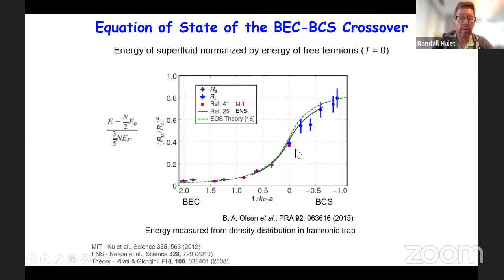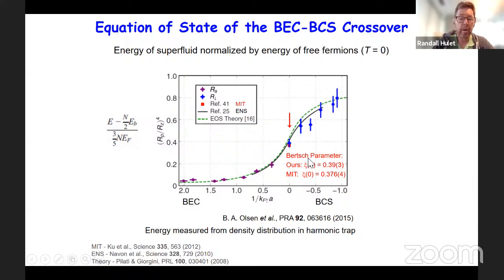And there's a really nice calculation from Martin Zwierlein and Wolfgang Ketterle's lab, which is in red, which gives the ratio of the chemical potential at unitarity to the non-interacting Fermi gas. That's called the Bertsch parameter. The Bertsch parameter, according to MIT's experiment, is 0.376.